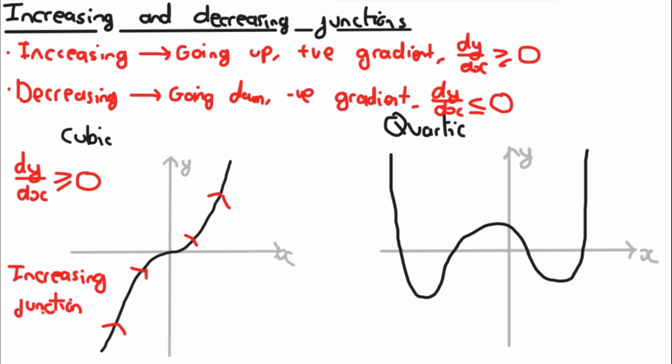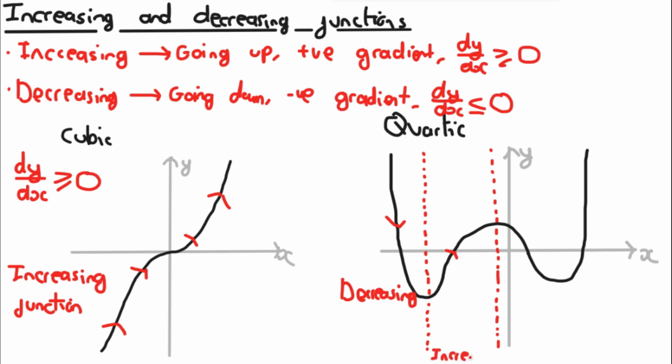But other graphs can have sections where they're increasing and sections where they're decreasing. For example, for this section here, the gradient is going down until about here, so for this part, the graph is decreasing. And then here, it's going up to about here where it levels off, and for this part, it's increasing. And then up to here, it's decreasing again.